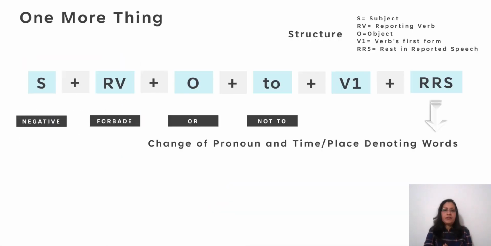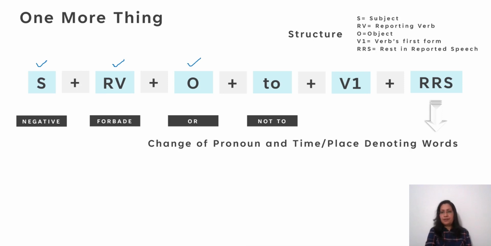Right? So let's understand it better with few examples. So this is the structure, children. The imperative sentences in the reported while you are changing them. This is a structure of the imperative sentence. There is the subject. This is the reporting verb.